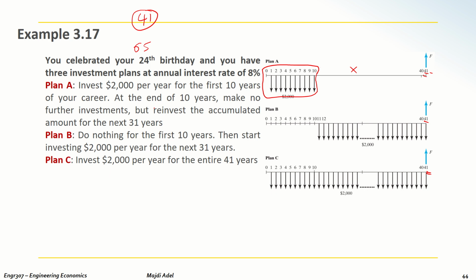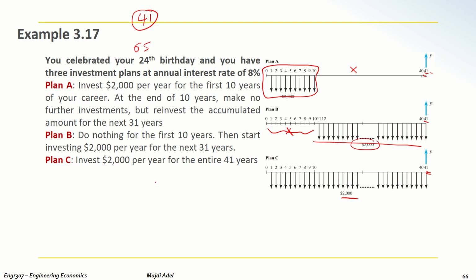The second investment plan is that he's not going to invest anything in the first 10 years, but he's going to deposit $2,000 for 31 years. Plan C, starting from this year, at the end of each year, he's going to deposit $2,000 for 41 years.